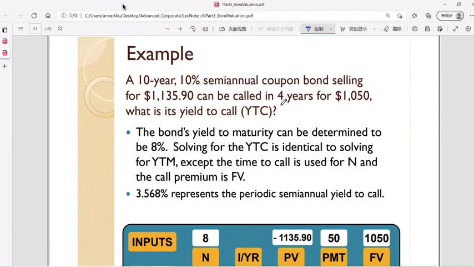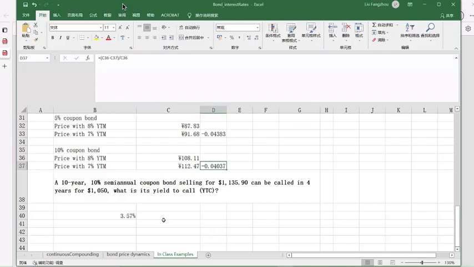It can be called in 4 years for $50. So what's its yield to call? The question itself is not very hard. The yield to maturity, if you compute it, can be determined to be 8%. So how do we do that?